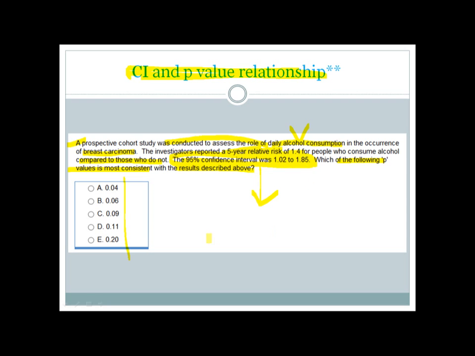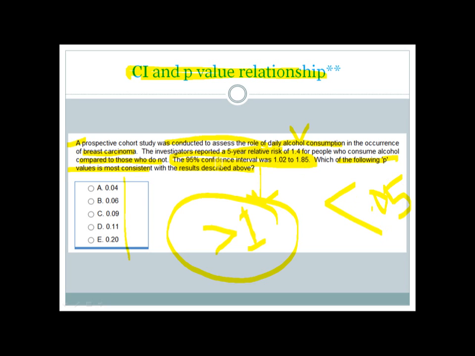And whenever you have a confidence interval for relative risk and it is more than 1, it tells you that there is a significant difference between the two study populations, or between a risk factor and an outcome. So whenever we have a statistically significant value, we set the p-value as less than 0.05.